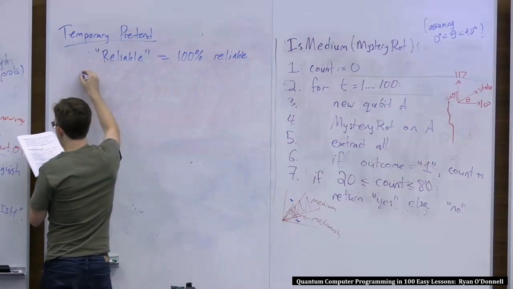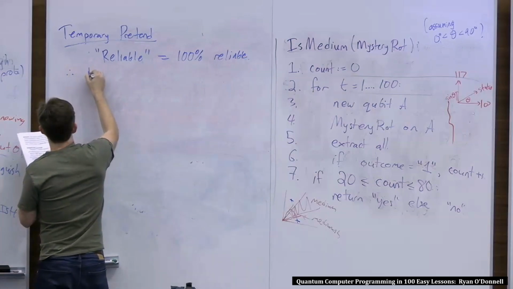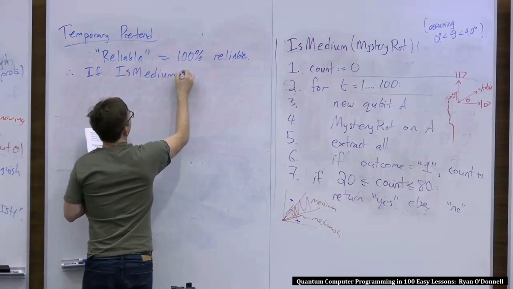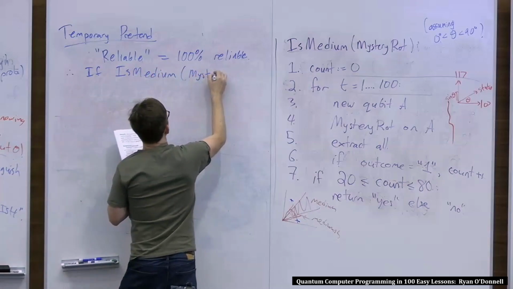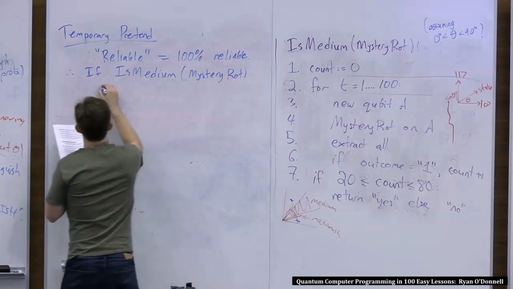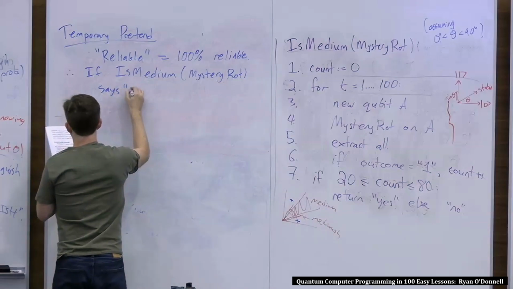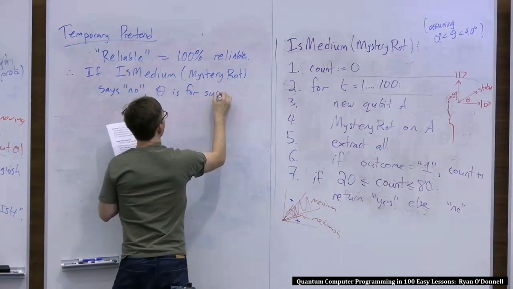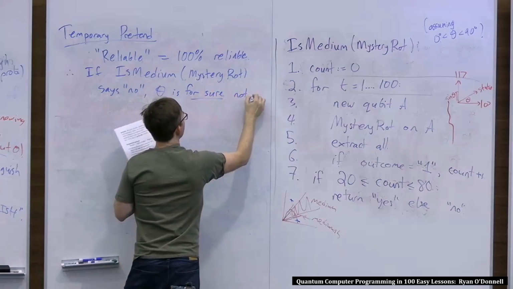Okay, and so therefore, if you run it on mystery theta and it says no, or returns no, then theta is for sure not medium.